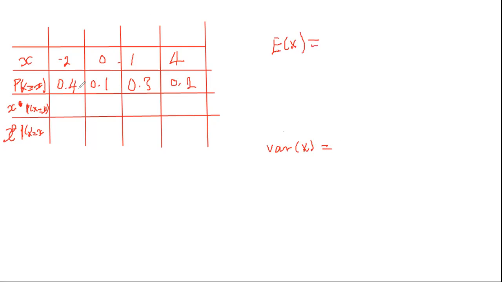Teacher, we are going to multiply the X into the probability to get the expectation, whereas to get the variance, we shall get the expectation of X squared minus the square of E of X. Okay.